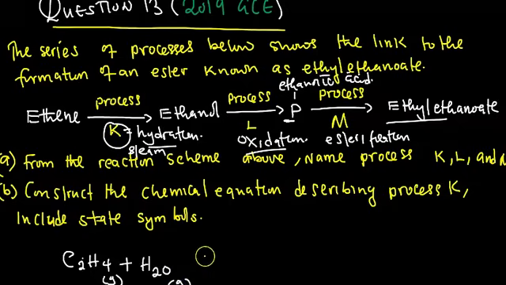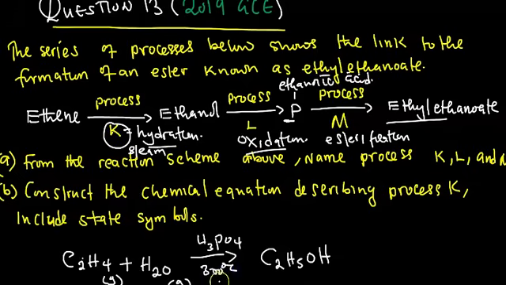Then what is produced here? What is produced is the alcohol, which is ethanol. Then what are the conditions? Phosphoric acid acts as a catalyst, then also a temperature of 300 degrees Celsius, and of course a pressure of 60 atm.